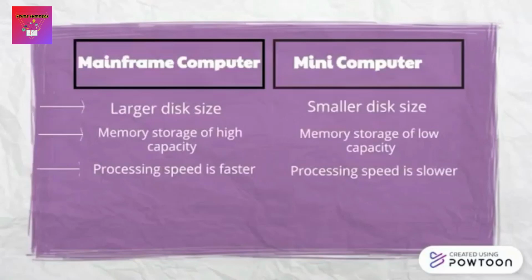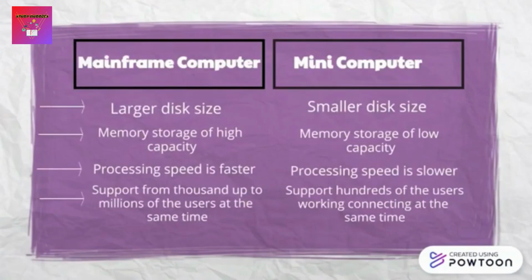It can process millions of instructions per second. Meanwhile, mini-computer processing speed is slower as compared to mainframe computers. Lastly, mainframe computer can support from 1,000 up to millions of users at the same time. Meanwhile, mini-computer supports hundreds of users connected at the same time.